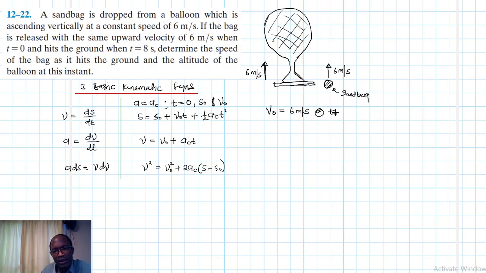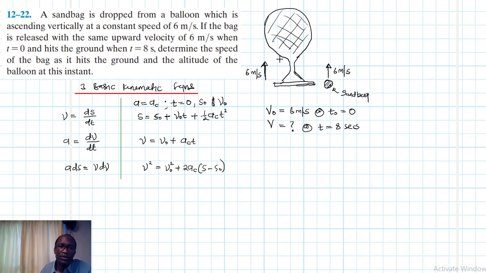At t naught equal to 0, we have been asked to find v final at t equal to 8 seconds.